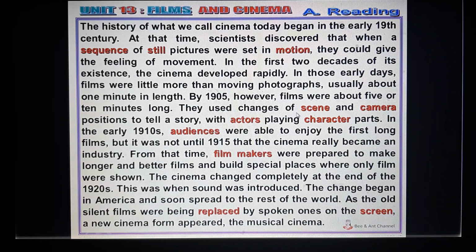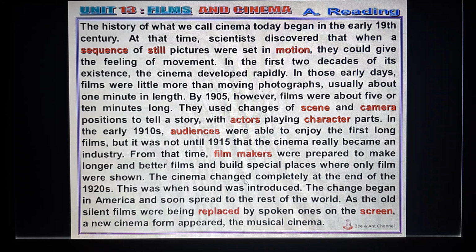They used changes of scene and camera positions to tell a story, with actors playing character parts. In the early 1910s, audiences were able to enjoy the first long films. But it wasn't until 1915 that the cinema really became an industry. From that time, filmmakers were prepared to make longer and better films, and build special places where only films were shown.